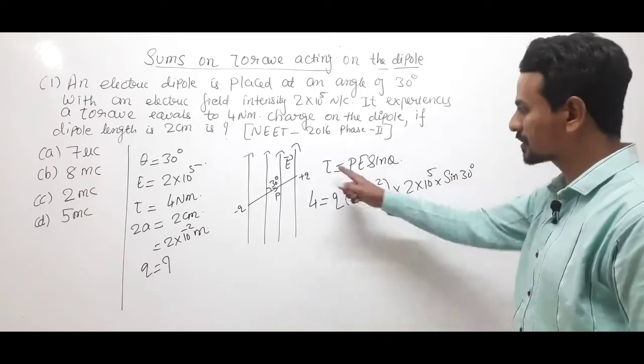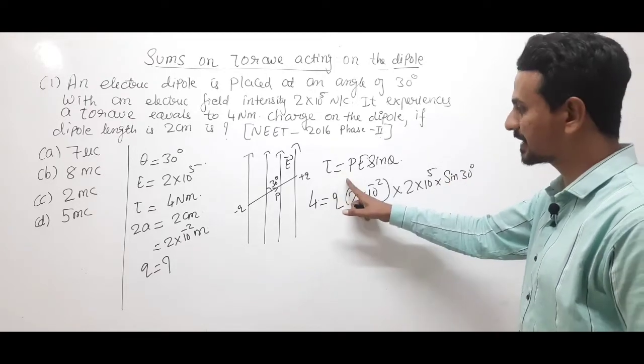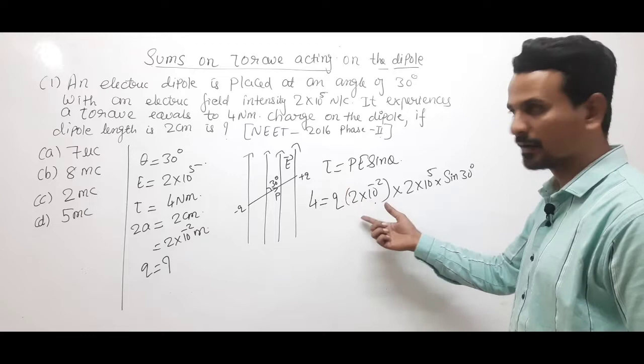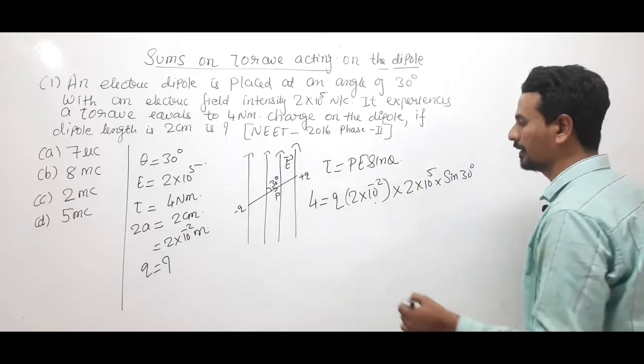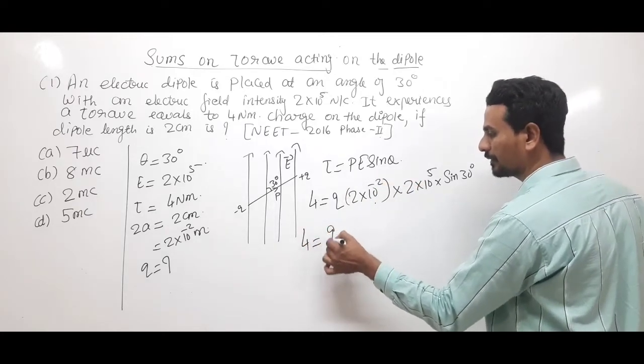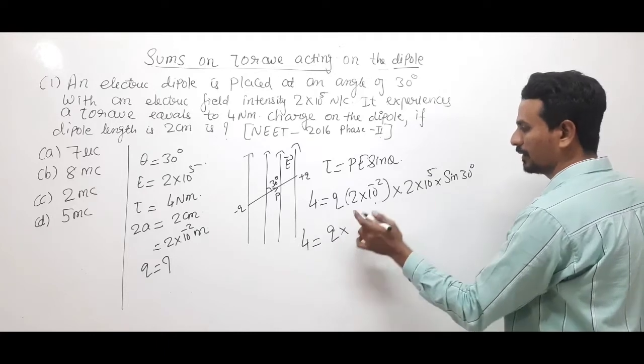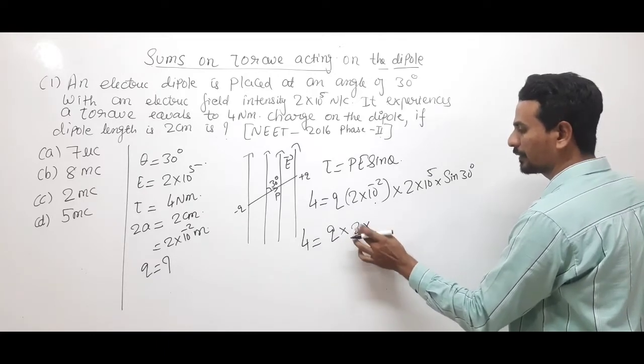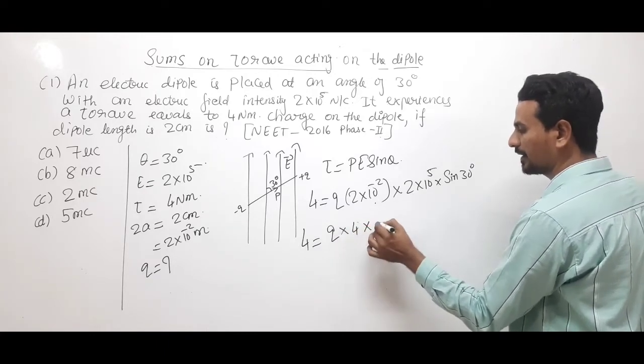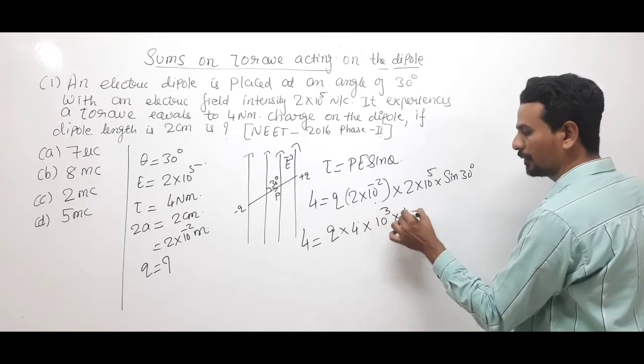Got it? Torque is 4, P is the dipole moment which is q into length, E is the electric field, sine 30. So 4 is equal to q into 4 into 10 raised to 3 into 1 by 2.